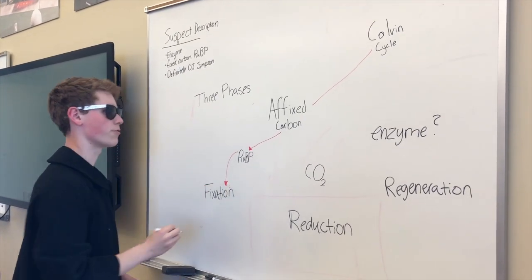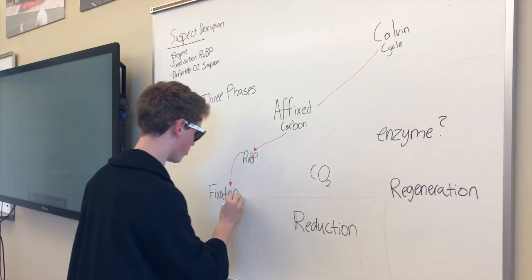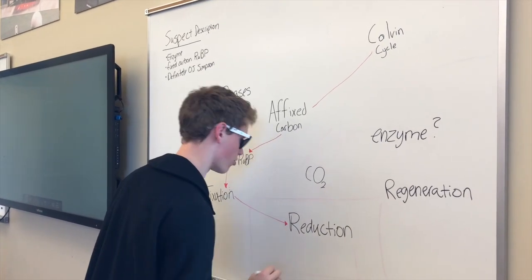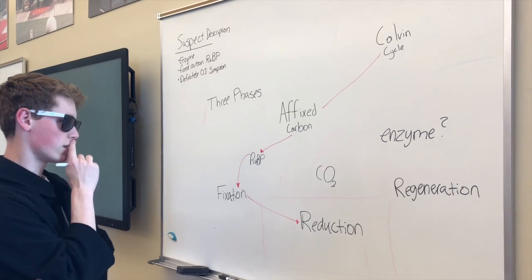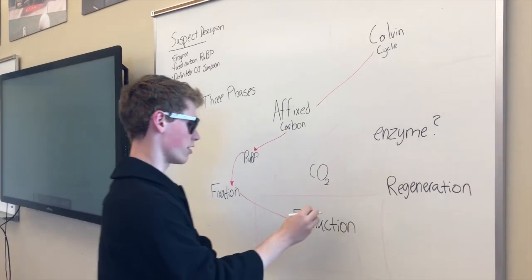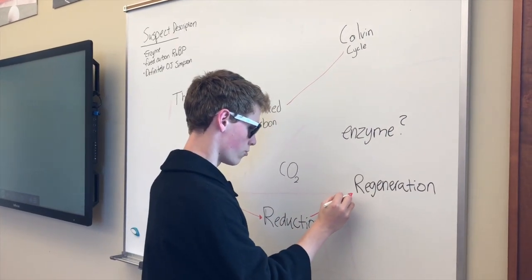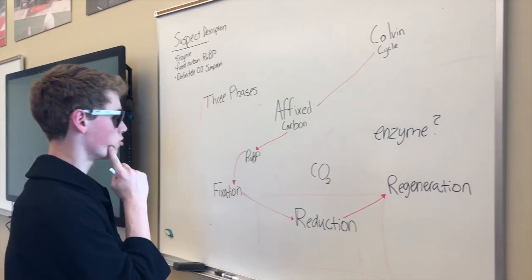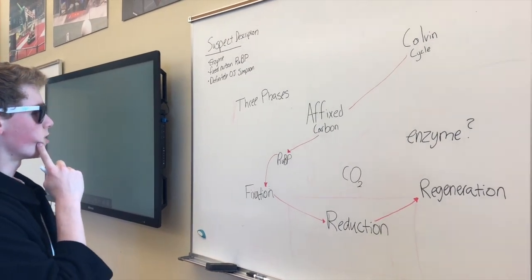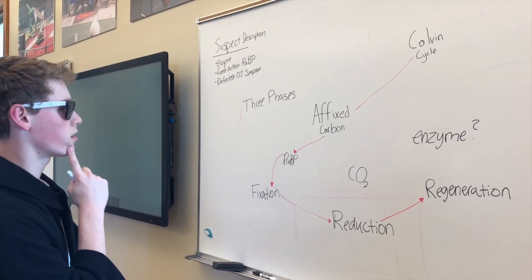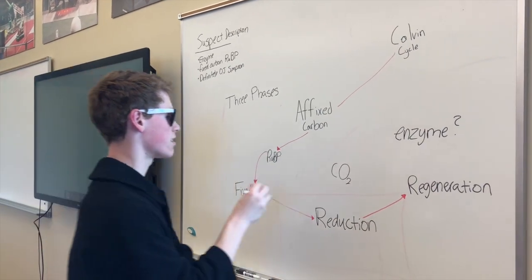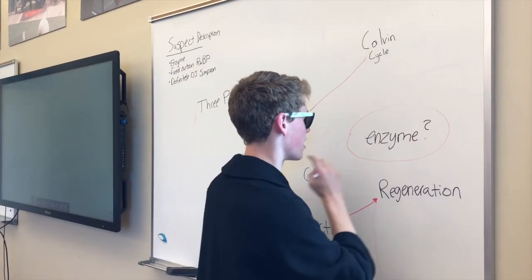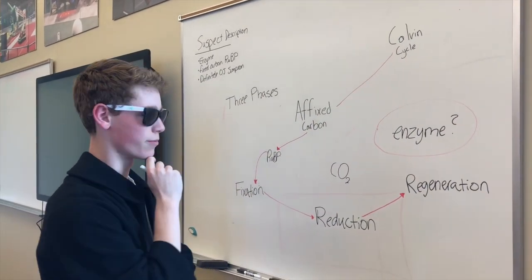So that means after fixation, reduction will happen, where electrons are added and G3P is released, but then regeneration happens, interesting, where G3P is regenerated to RuBP, but only if I knew how carbon dioxide was fixed. What enzyme does that? We'll have to get to the bottom of this. Bisco.